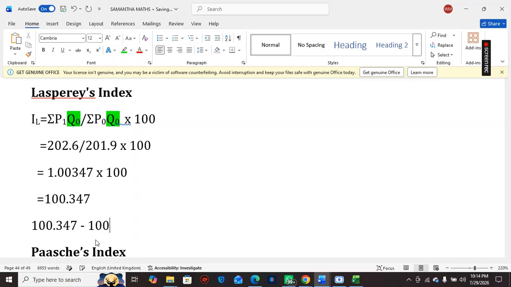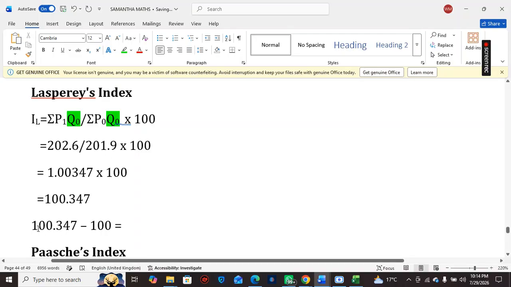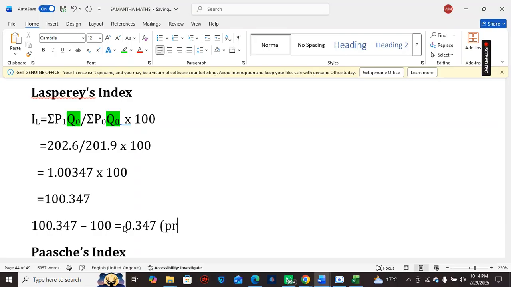minus 100. Remember, as I said earlier on, with index numbers, 100 is the reference. So 100.347 minus 100, you get 0.347. And it means price has increased by 0.347%.